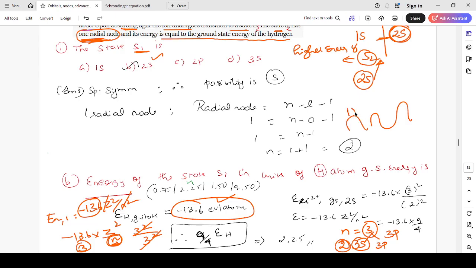So 3s is not possible. What about 3p? 2p and 3p, only one node. So therefore it has gone to 3p.